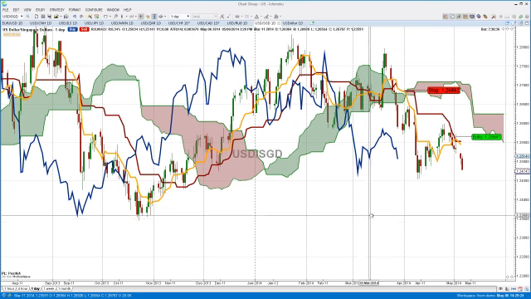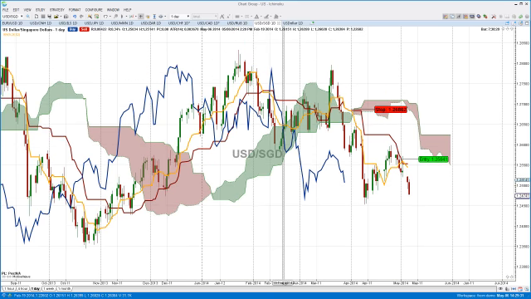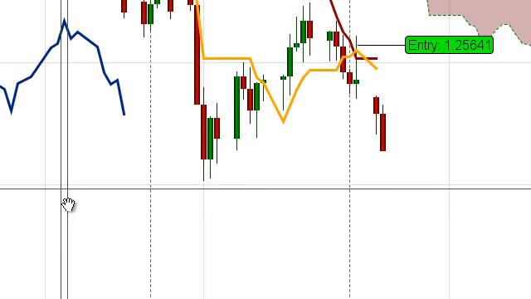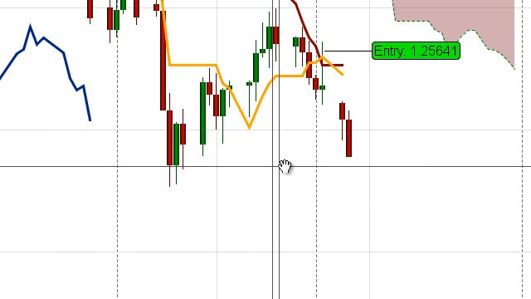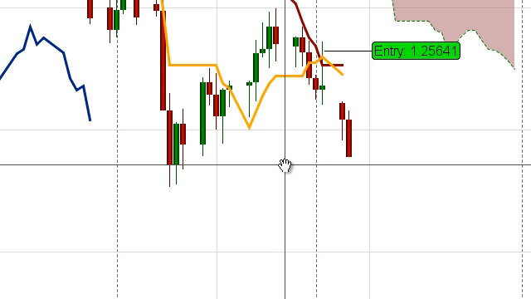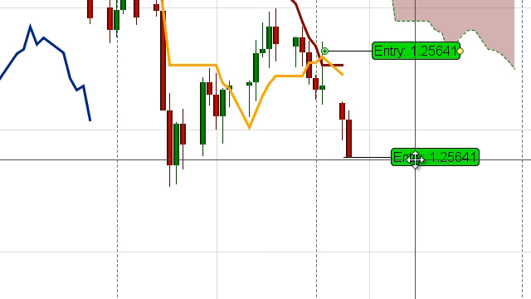Let's now move across to the United States dollar against the Singapore dollar, and we've got some potential moves happening here. We could actually even take a short position right now, because I feel comfortable with that. Let's do that.